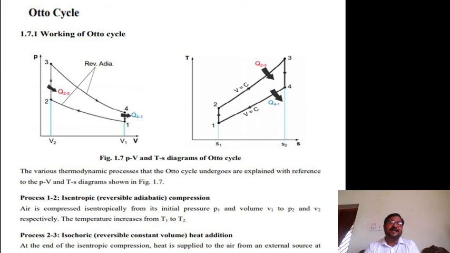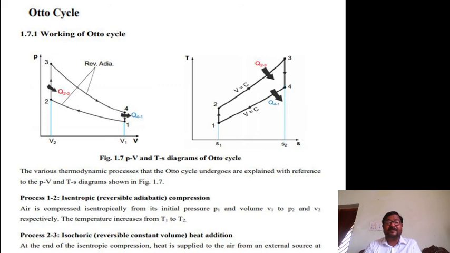M is 1 kg. What is the Cv value of the air? It is 0.718 kilojoules per kg Kelvin, a standard value. There are 4 standard values for the air. That is the Cp value, 1.005 kilojoules per kg Kelvin, and the Cv value, 0.718 kilojoules per kg Kelvin. Another one is the gamma value, 1.4. If you divide the Cp value by the Cv value, you will get gamma, which is 1.4.